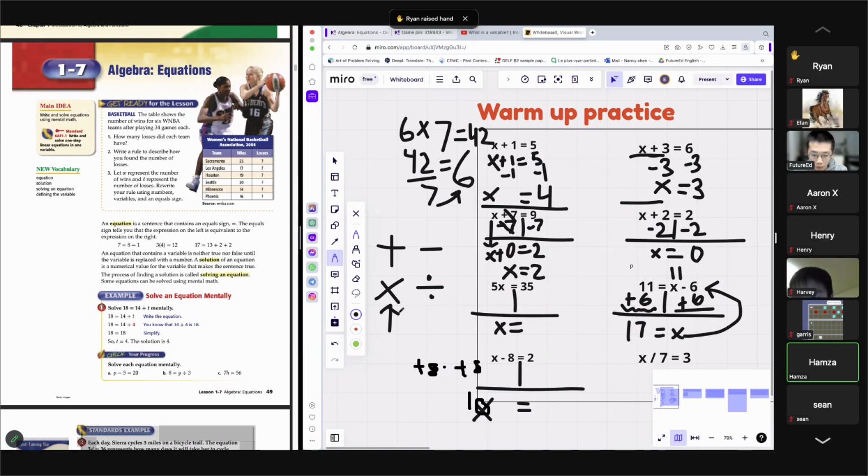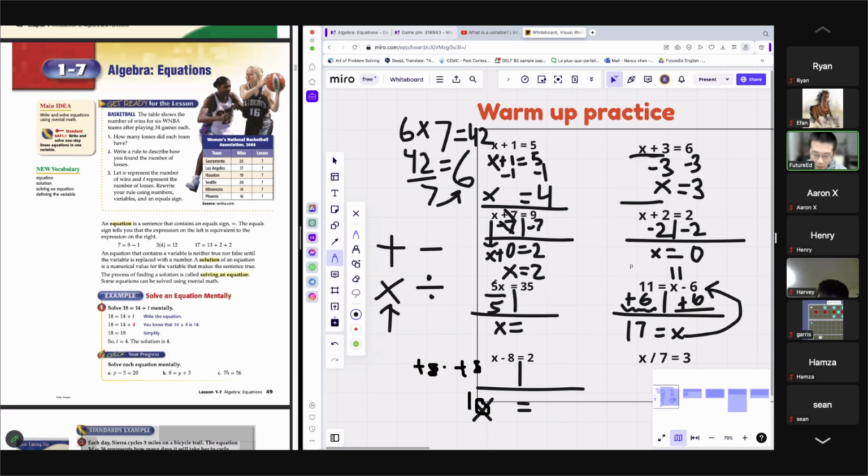Okay. Well, Ryan, would you like to give this a try? So if x is multiplied by 5, what would you need to do to get rid of the 5? So just 35 divided by 5, which equals 7, which is the x value. Okay, I think you're getting a bit ahead of yourself.